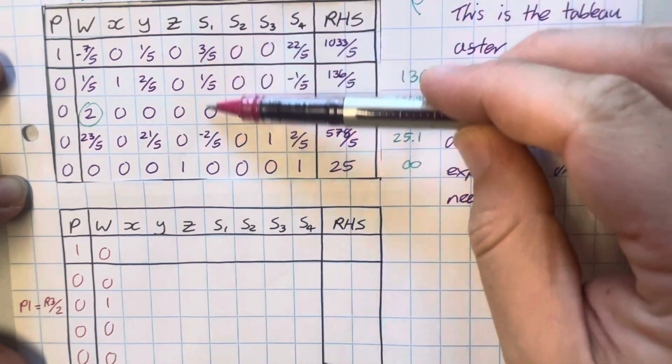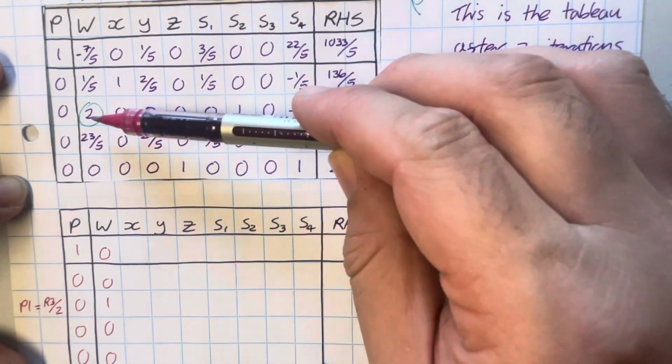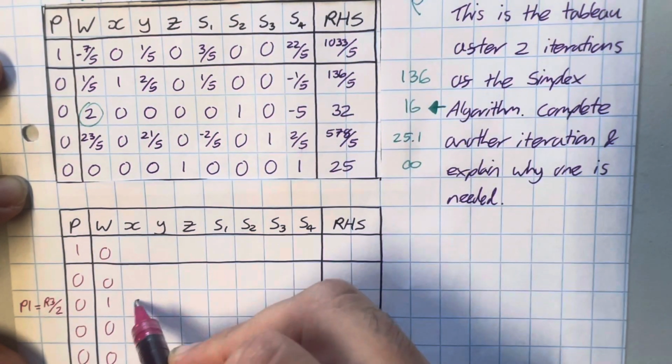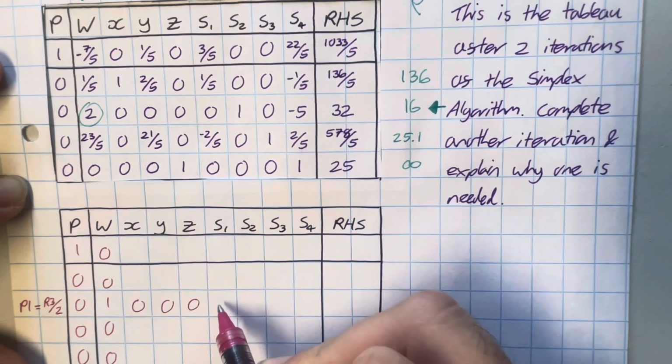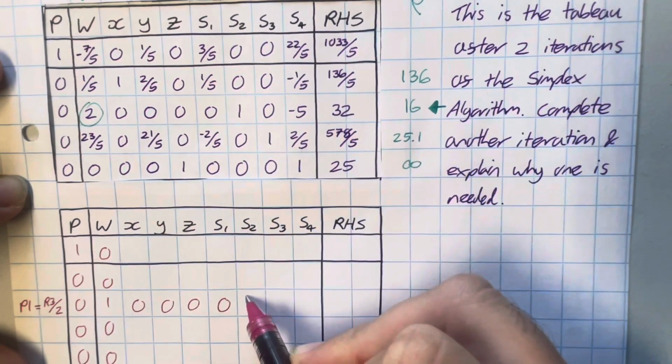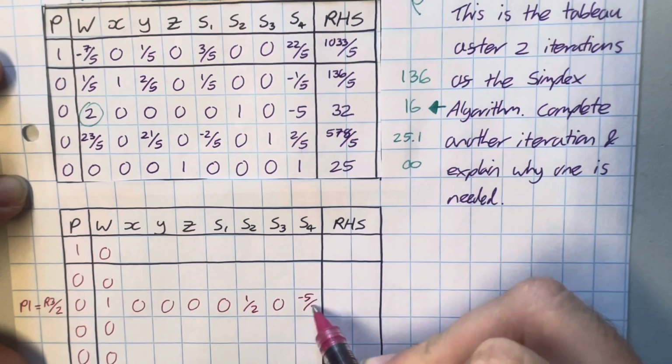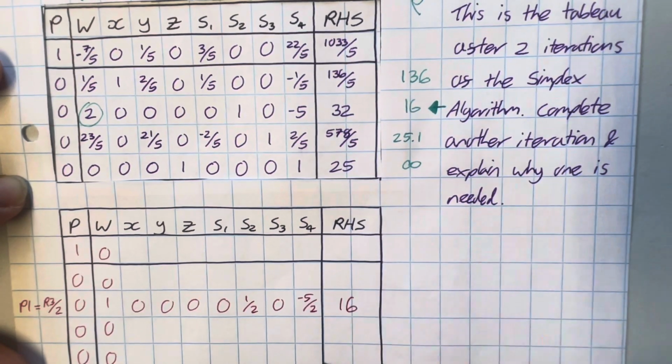So the third row on the previous tableau divided by 2 makes that a 1. I can then fill out the rest of that row very quickly: 0, 0, 0, 0, that goes to a half, that remains at 0, that's minus 5 halves, and that's going to be 16.